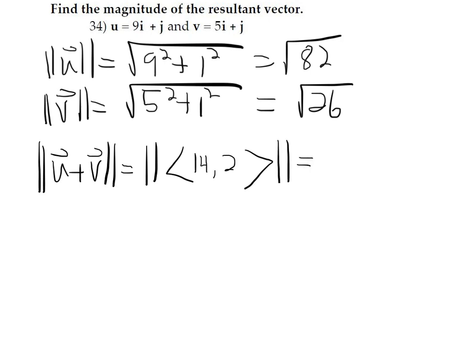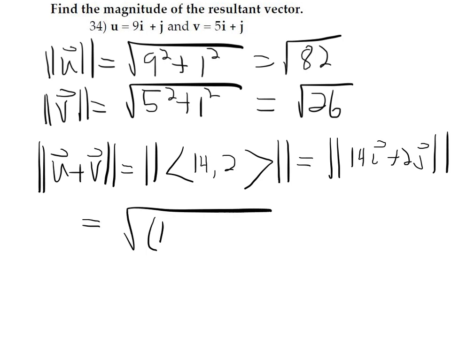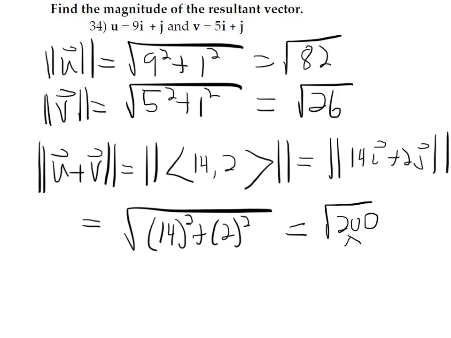I guess I went to component form, magnitude 14i plus 2j. We could also stay in the ij form. Either way, we would have to take the square root of the sum of the squares, 14 squared plus 2 squared. And that gives us the square root of 200. Now this is 2 times 100, so we can reduce that to 10 square root 2.